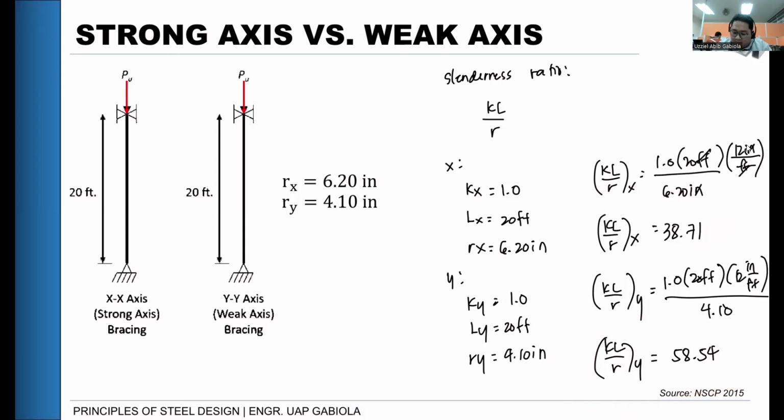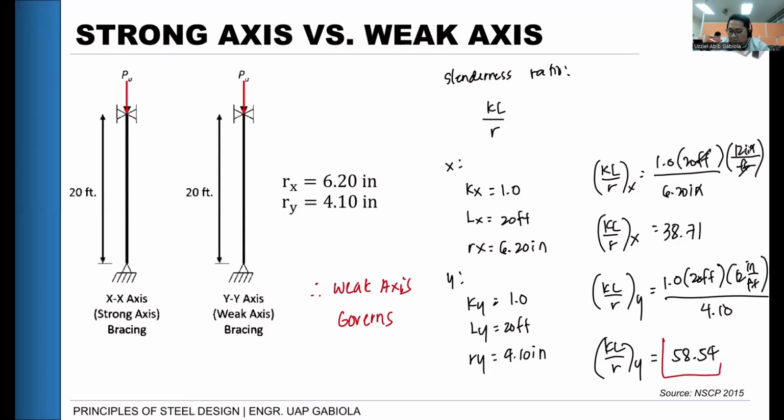Therefore, weak axis governs. Ibig sabihin kung si Y yung mas malaki ang slenderness ratio, siya yung unang lulundo. Okay? Siya yung mas malambot, ano? Siya yung unang magbabakit. Yun yung ibig sabihin niya. Okay? So kaya kailangan ito yung mag-govern.